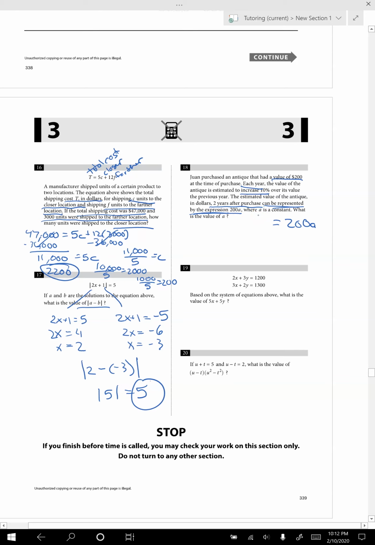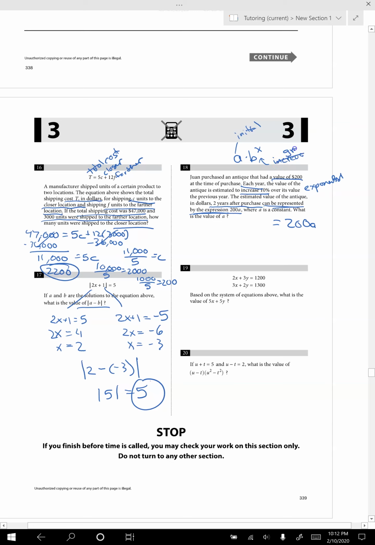So we have to figure out the left side of the equation here. Increase 10%, that sounds like an exponential function. So we need to quickly go over what an exponential function has. We have initial value here. This is your increase.